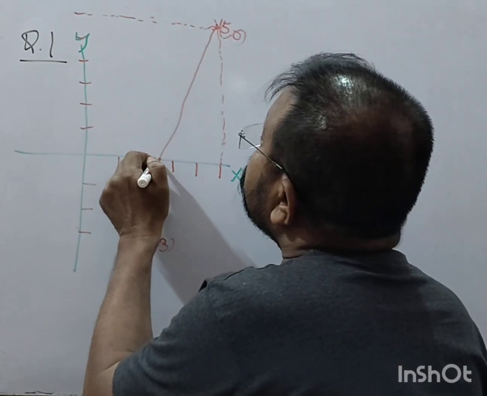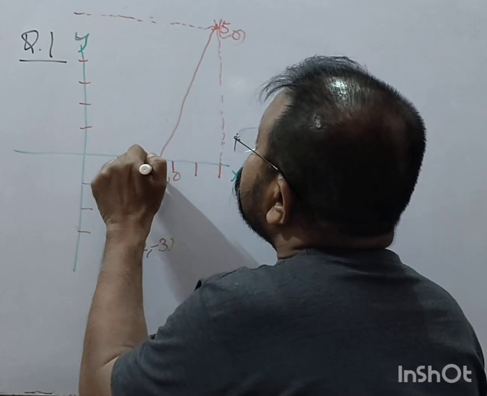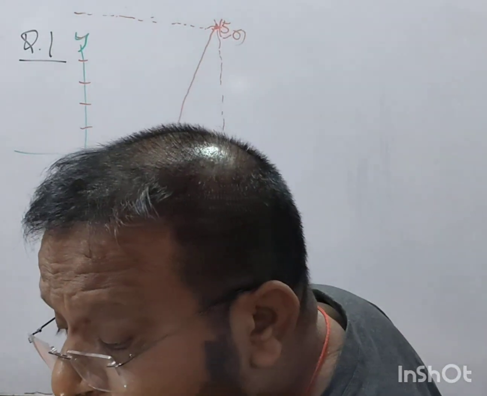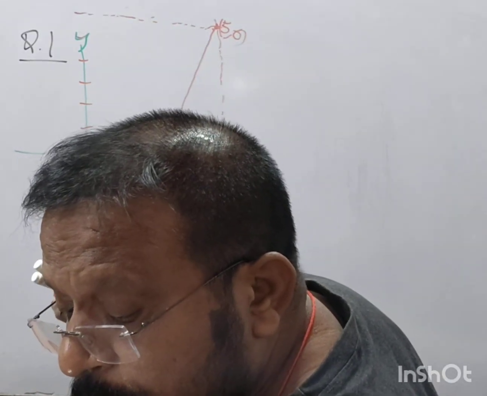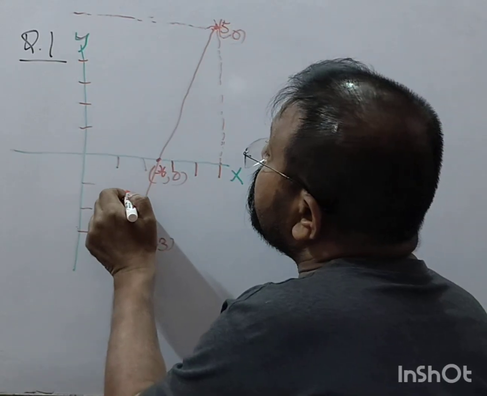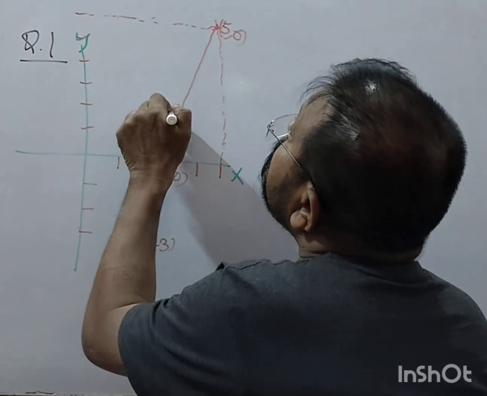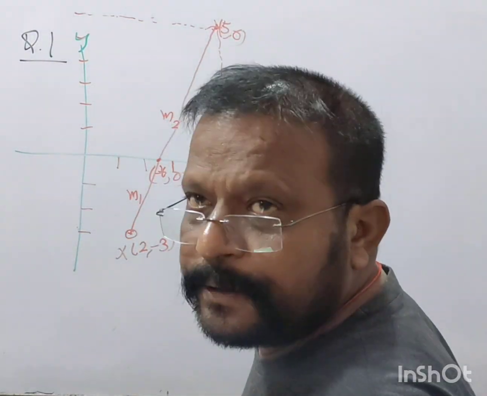It will be x comma 0 on the x-axis. It is written that it divides by the x-axis. So we have to say this is m1, this is m2, right?